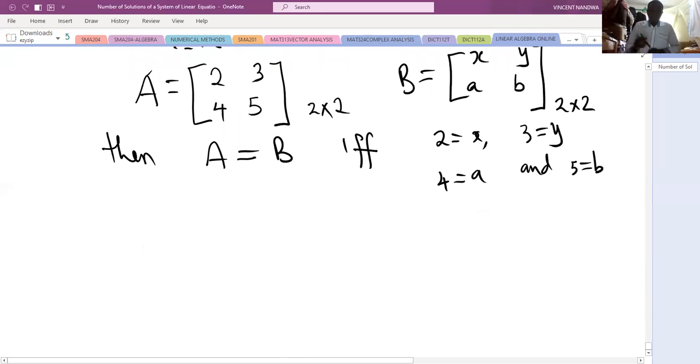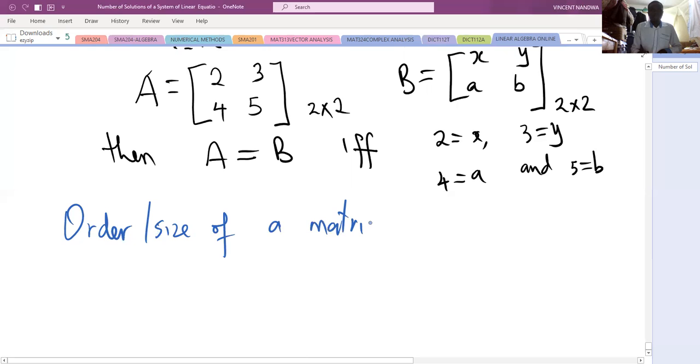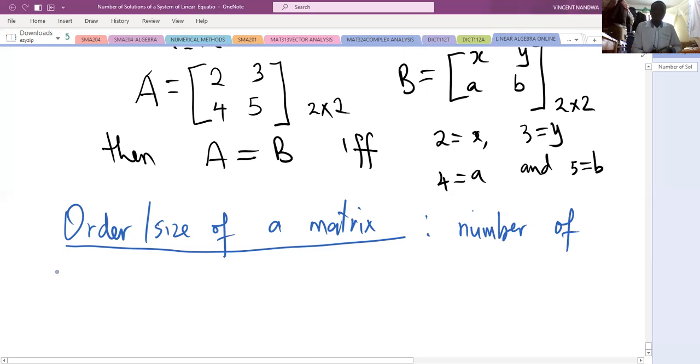And then, just the order or size of a matrix. This is given by the number of rows of a matrix by the number of columns.